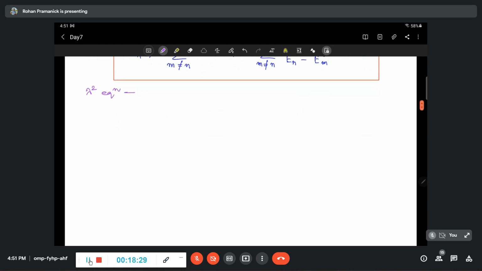The lambda squared equation was H0 psi n 2 plus H prime psi n 1 equals En0 psi n 2 plus En1 psi n 1 plus En2, the second order correction, times psi n 0.